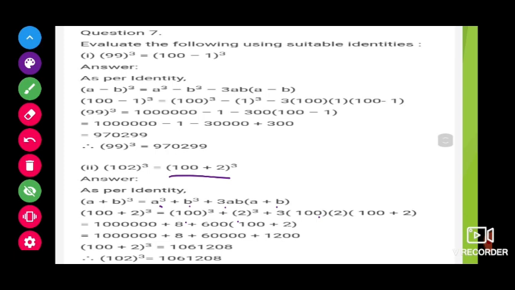Now 100 cube means 1 followed by 6 zeros, 10 lakh. Plus 8, that is 2 cube: 2 into 2 into 2, 2 2s are 4, 4 2s are 8. Next 600 into 100, 60,000. 600 into 2, 1200. If I add all this, I will get the answer. Okay, you can do the adding, children.